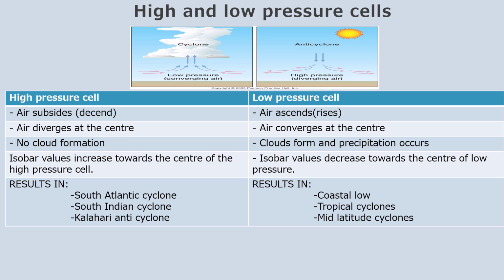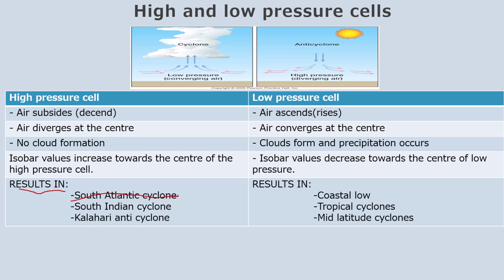All right, let's check the results of these two pressure cells. Let's firstly check the high pressure cell. The high pressure cell results in the South Atlantic anticyclone.